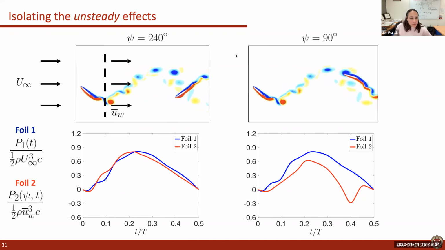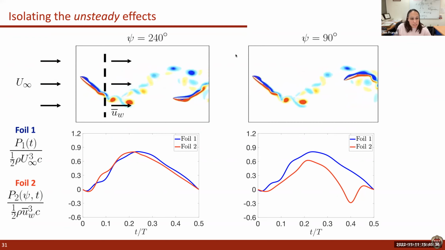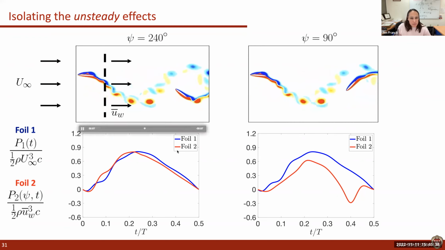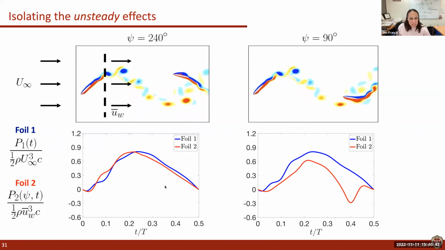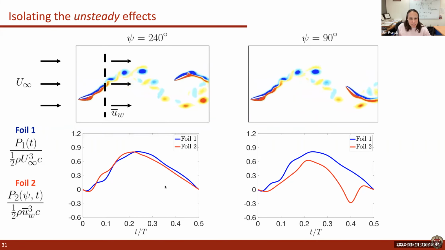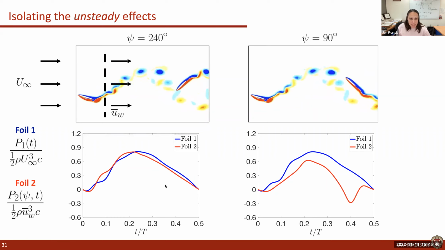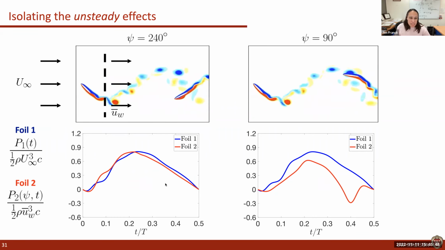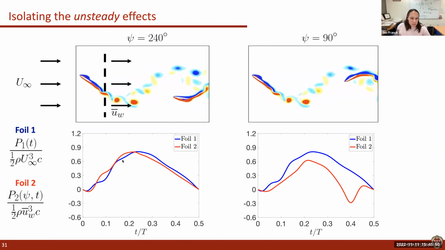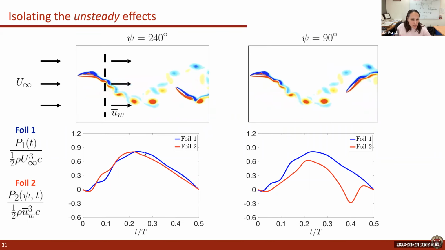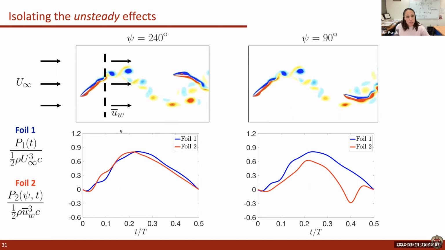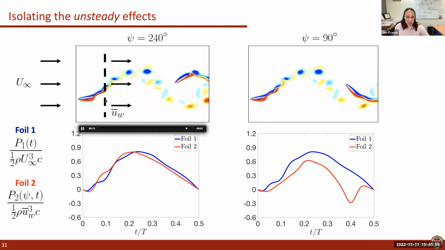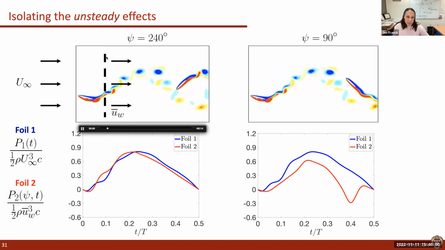All right, so here's some examples. On the left-hand side, you can see one phase angle of 240 degrees, and you can watch that second foil kind of successfully circumvent what is happening. And the line below has the power from foil 1 and then the power from foil 2 renormalized with respect to this mean wake.